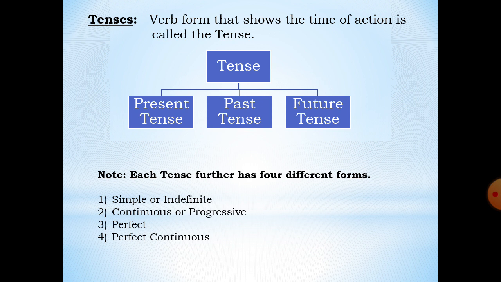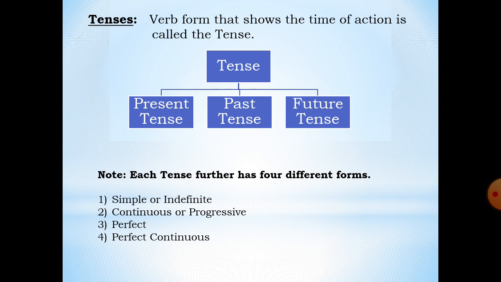Each tense, an important note is there for you, further has four different forms. Means present tense has four different forms, past tense has four different forms, and future tense has four different forms. First, simple or indefinite.